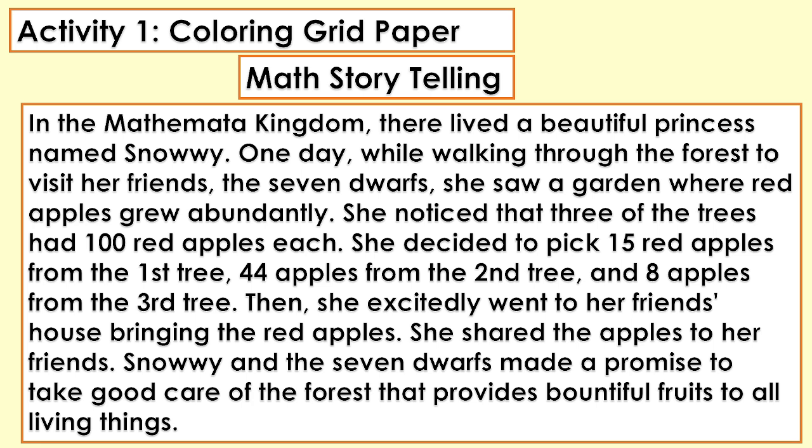She decided to pick 15 red apples from the first tree, 44 apples from the second tree, and 8 apples from the third tree. Then, she excitedly went to her friends' house bringing the red apples. She shared the apples with her friends. Snowy and the 7 dwarfs made a promise to take good care of the forest that provides bountiful fruits to all living things.